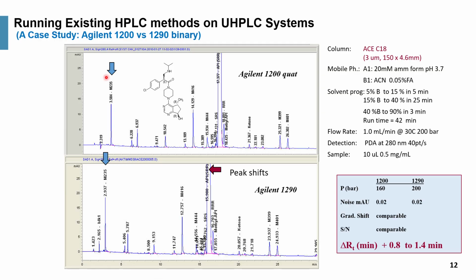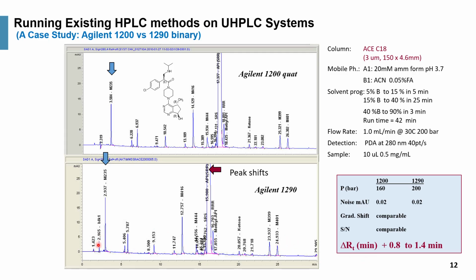In this case study, we observed the same legacy HPLC method based on Agilent 1200 and used it on a 1290 binary pump. Due to the smaller dwell volume, one can expect a slight peak shift in this gradient method, right? So you have a peak shift of anywhere from 0.8 to 1.4 minutes, depending on the retention time of the peaks.